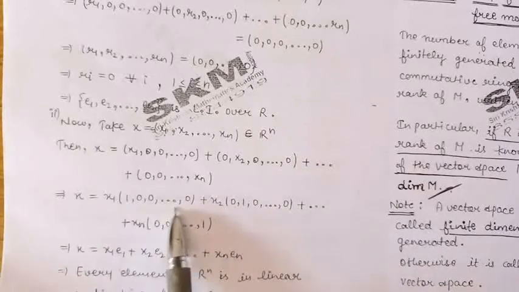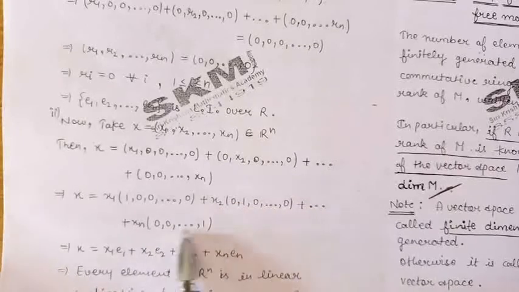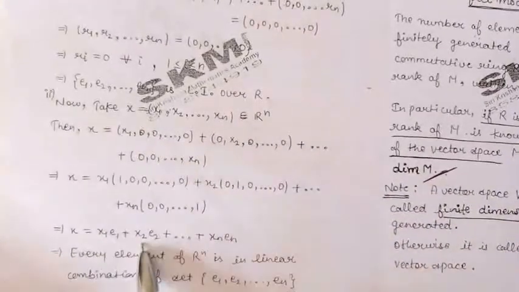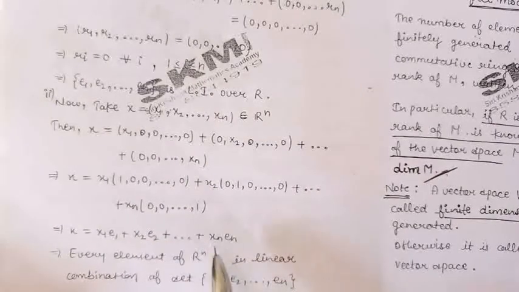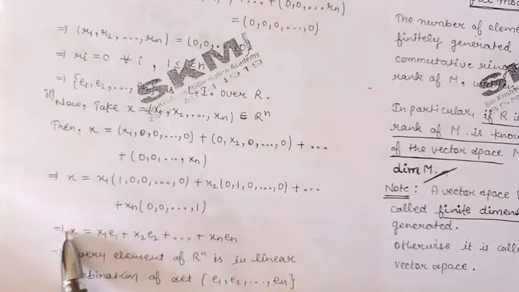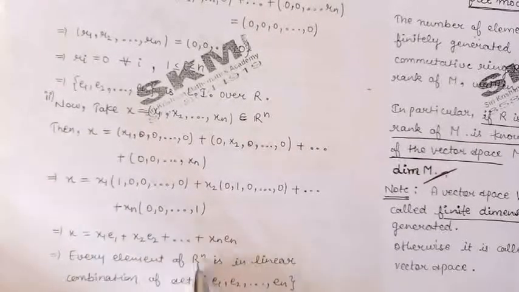Now by definition this is E1, this is E2, this is En. So x can be written as x1 E1 plus x2 E2 plus x3 E3 and so on up to xn En. This was an arbitrary element taken from Rn.